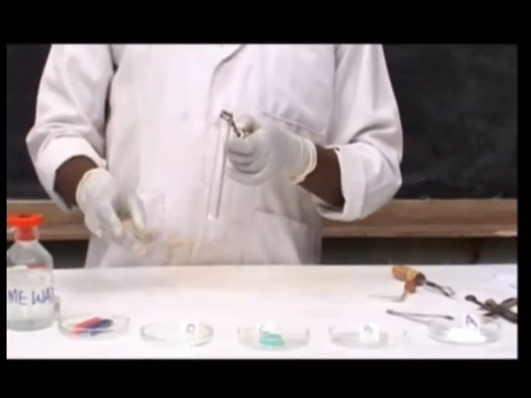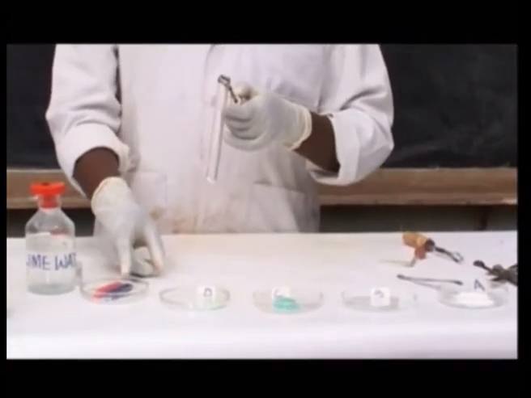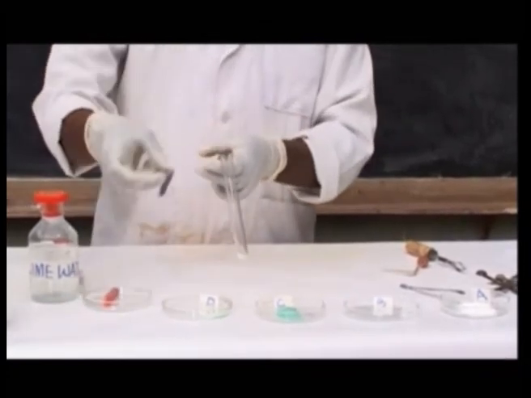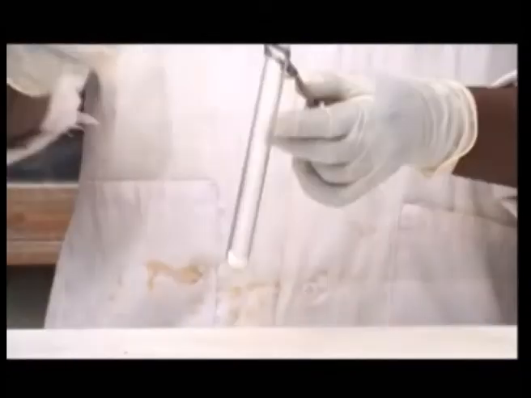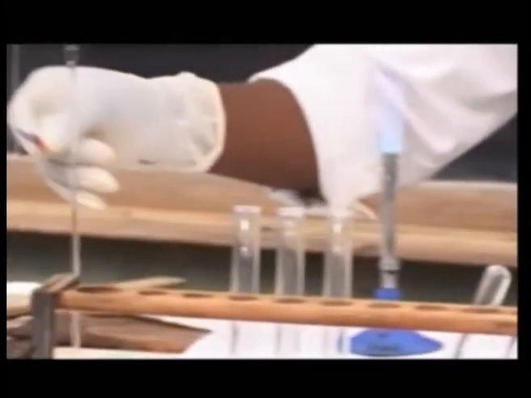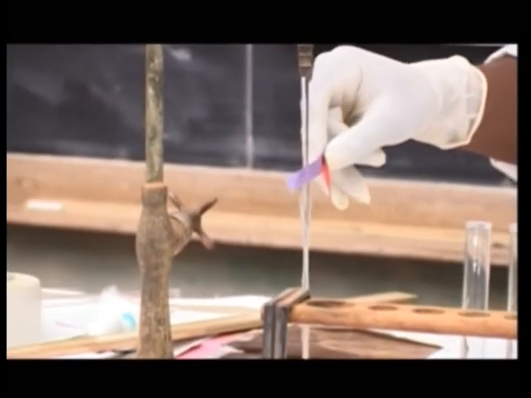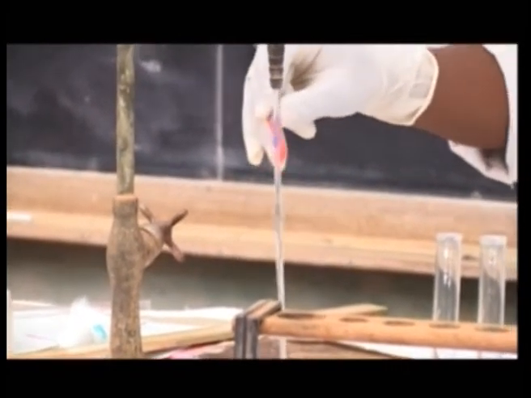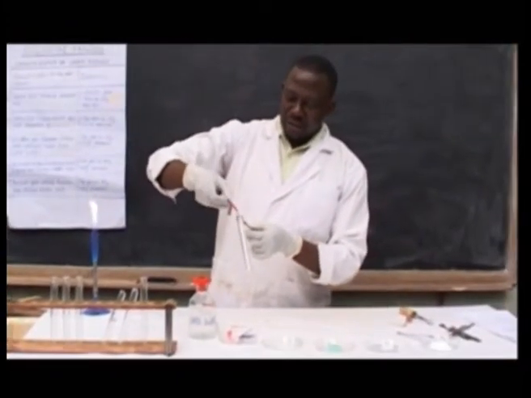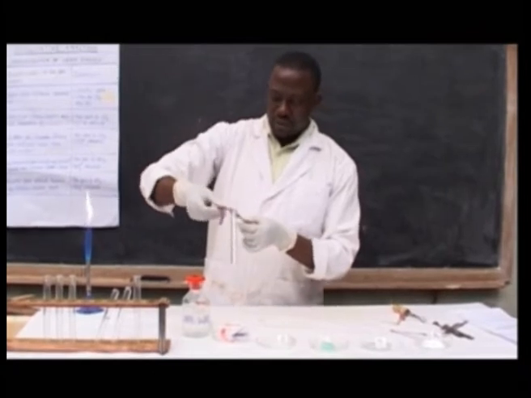Take a blue litmus paper and red litmus paper. Wet them and then place them at the mouth of the test tube.